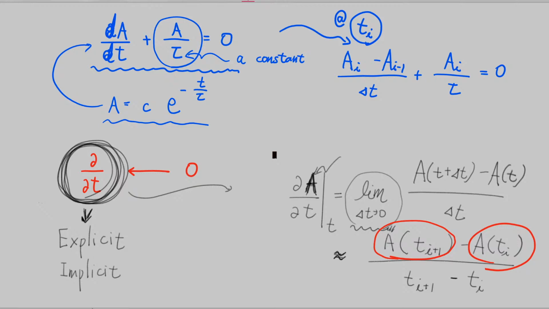Since we are working at t sub i, this instantaneous term just uses the quantities at time equal to t sub i, and we have used the Euler form for our time derivative.